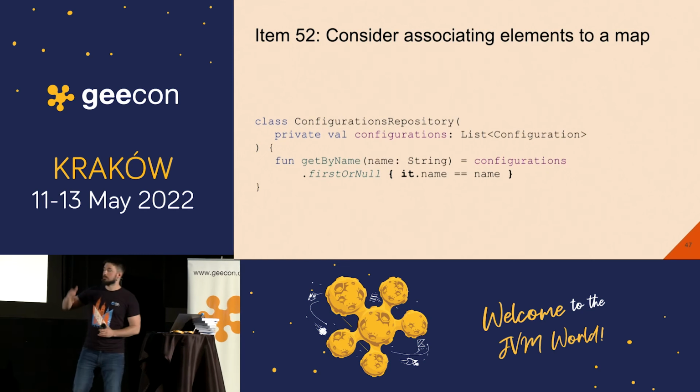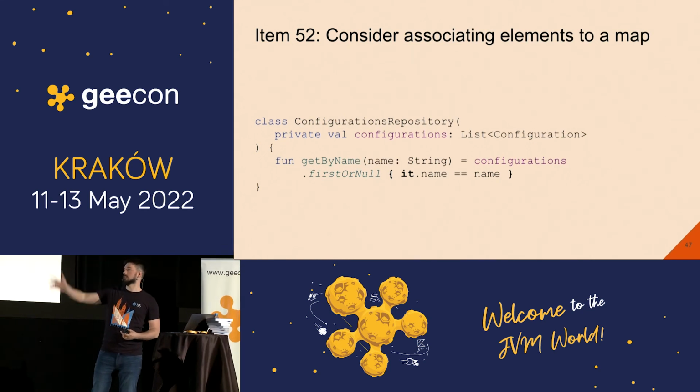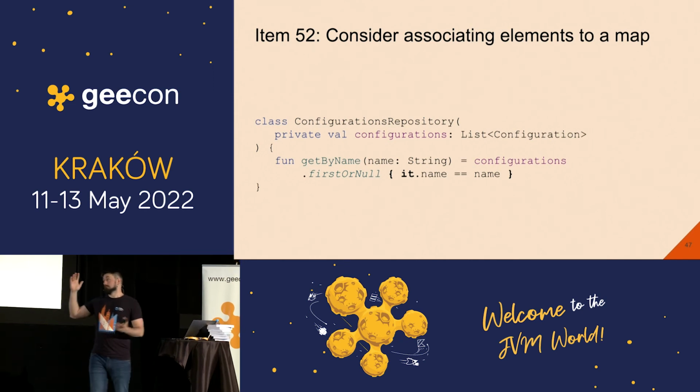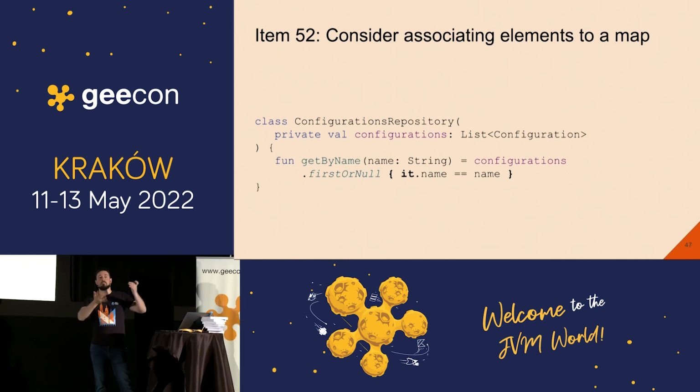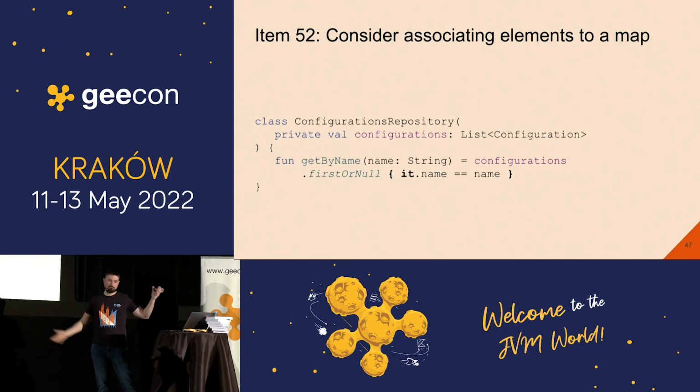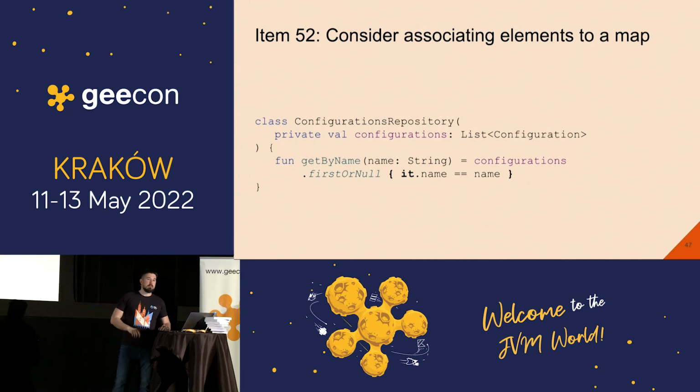Okay? So if you use firstOrNull or find, that's the same function, it's looking for the configuration every time you need it. If this is a big list, it can cost a little bit to compare all those names. Yeah. So how can it be optimized?